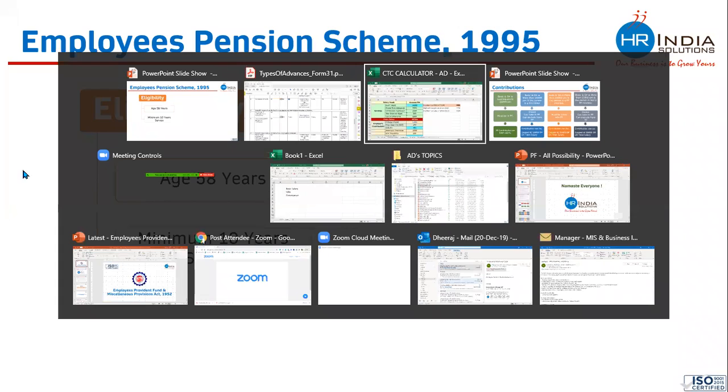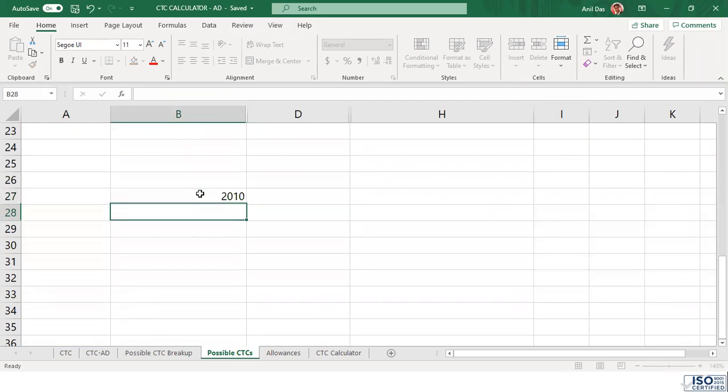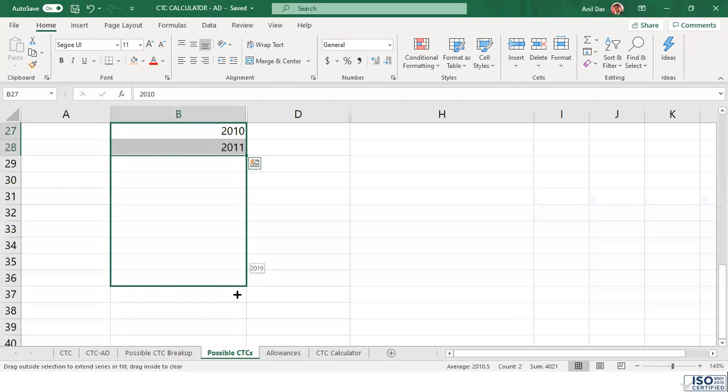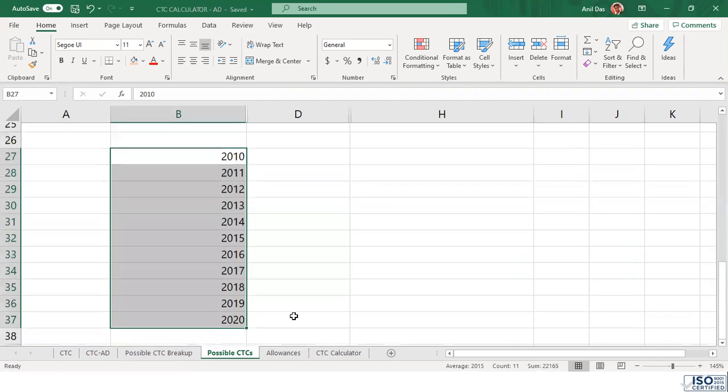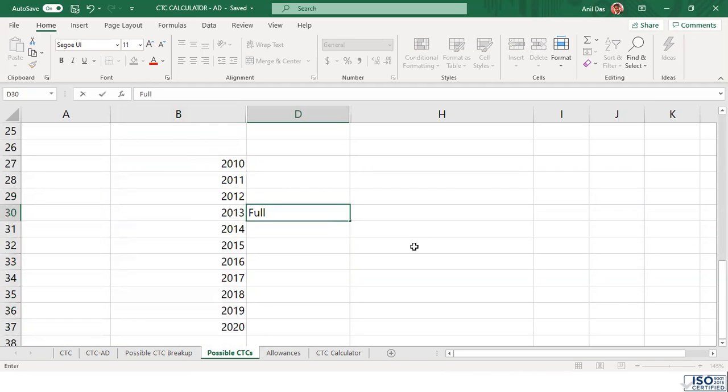Am I able to clear what I'm trying to say? Suppose you are contributing from 2010 till 2020, this is 10 years, right? And in 2013, you have done full and final settlement and you have withdrawn your entire PF amount, including your PF and pension both.